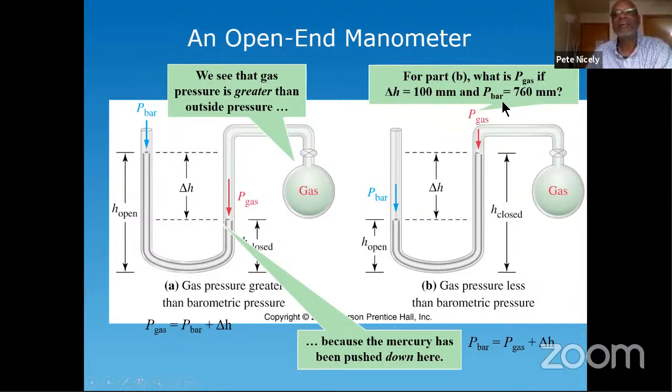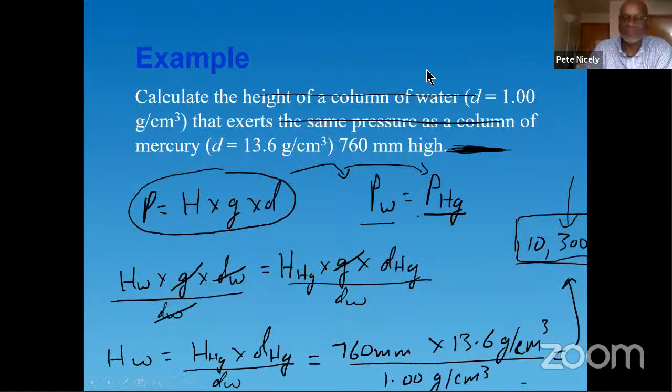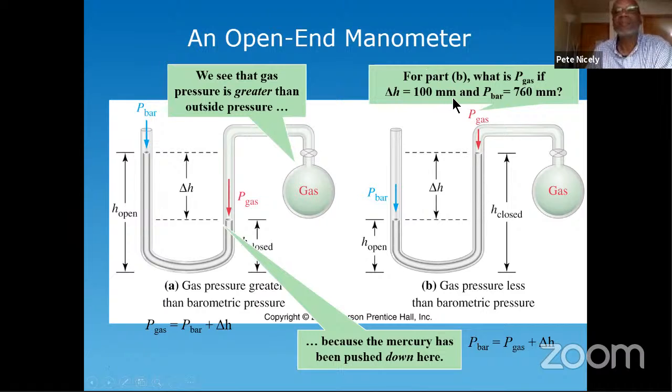It says for part B, what is the pressure of the gas if delta H is 100 millimeters and the barometric pressure is 760 millimeters? Well, that's very easy because all we have to do is find P gas, which would be equal to P bar minus delta H. And all we have to do is put the numbers in.